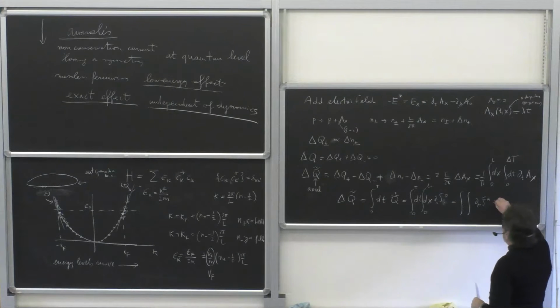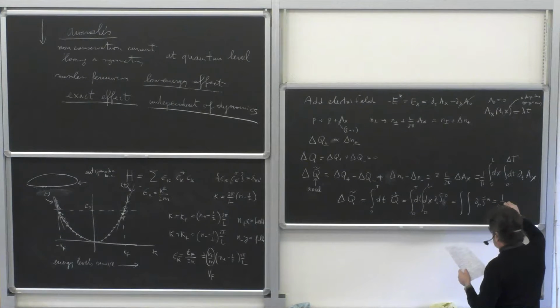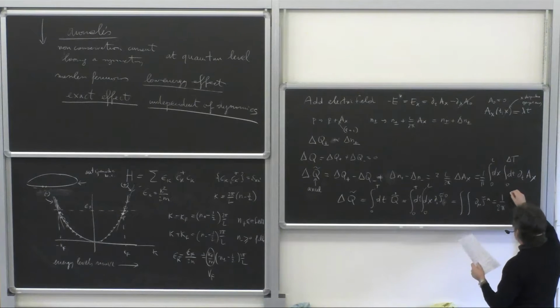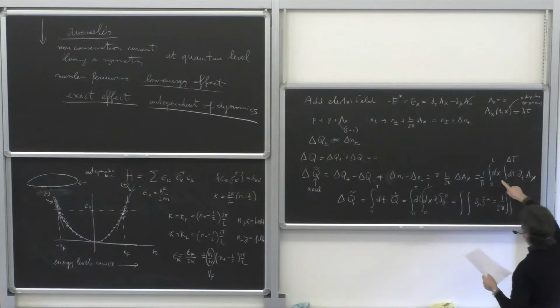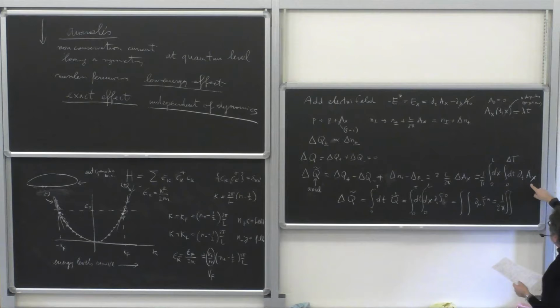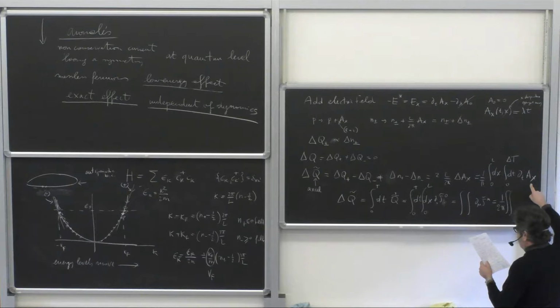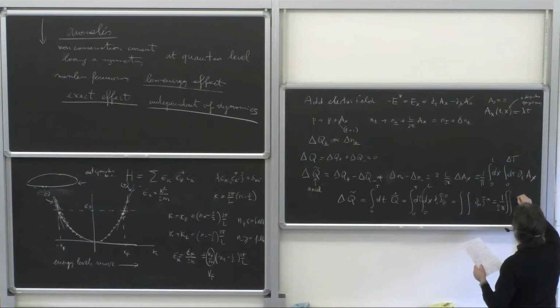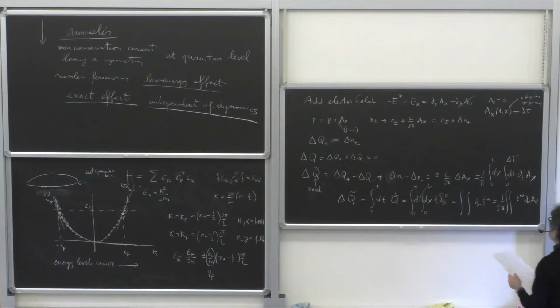And also I can write this as 1 over 2 pi double integral. And this is going to be a gauge invariant object. I reconstruct it, and this is going to be epsilon mu nu d mu A nu, which is a scalar, a relativistic scalar.